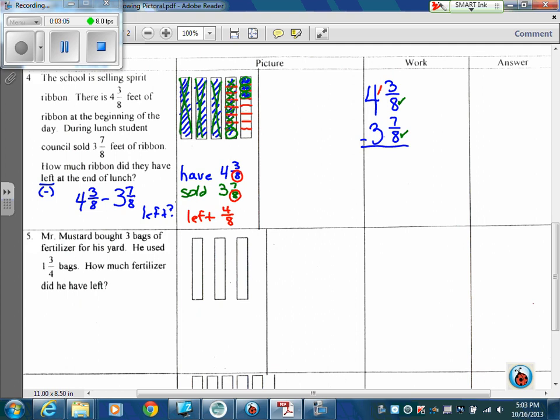I'm going to borrow from the whole number. If I borrow 1, the 4 becomes a 3. And what's taking place is the whole number is giving 1 whole over to the fraction side, but it needs to be in fraction form. So I need to find a fraction that equals 1 whole, has a common denominator of 8, so that this denominator stays common.